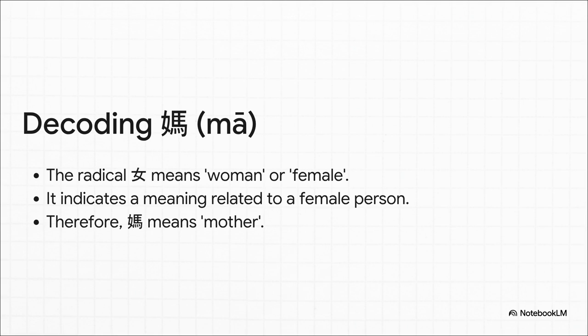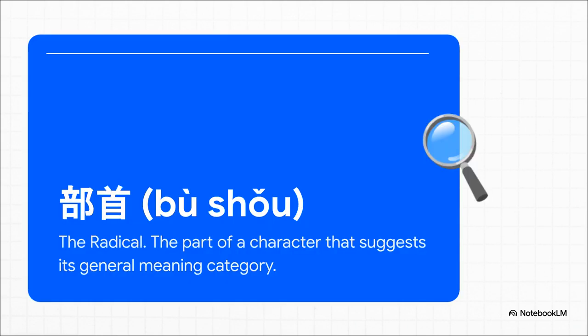It's really that simple. And this meaning part, this clue, it has a special name. It's called the radical, or 部首, and its job is basically to sort the character into a general category. So in our examples, the mouth radical gave us a speaking-related character, and the woman radical gave us a female-related one.